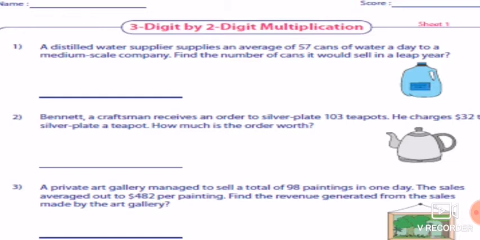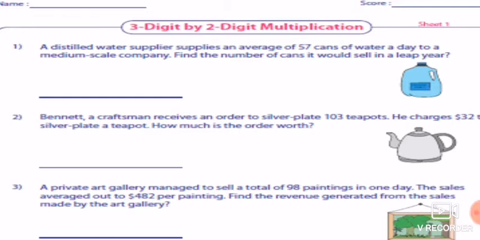They are talking about one and you have to find it for many. So the concept of multiplication is there, so you are going to multiply. I hope this question number 1 is clear. Okay. Now we'll move to question number 2.